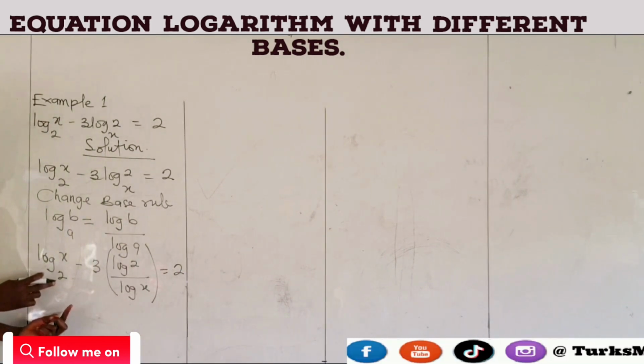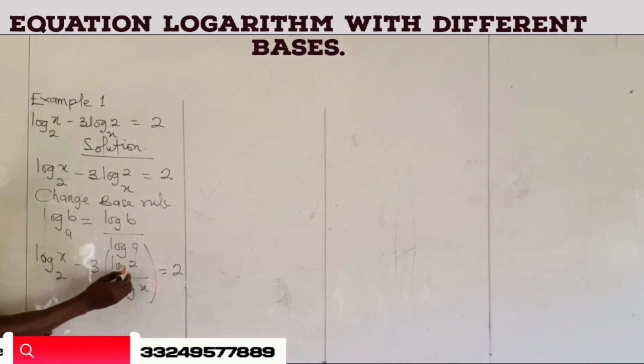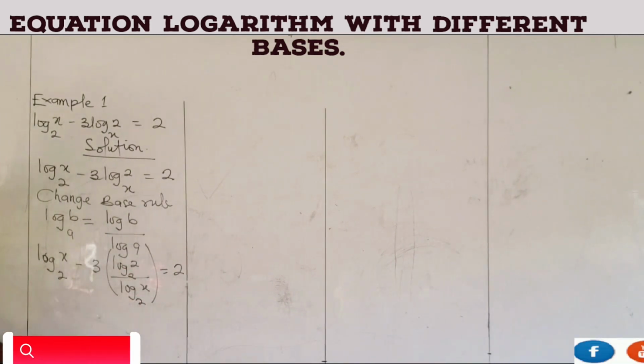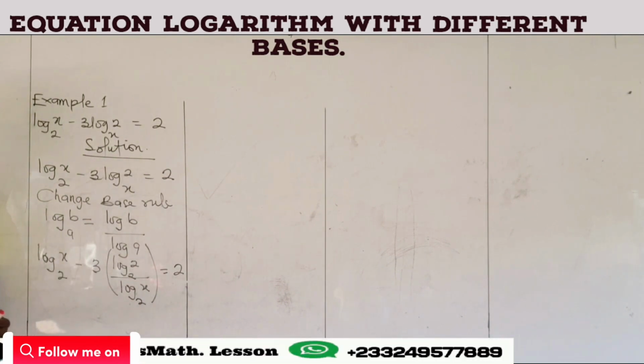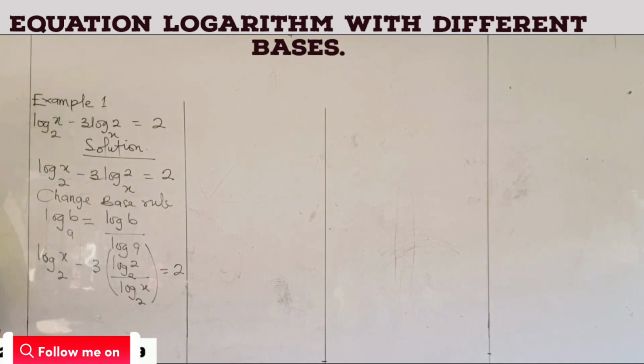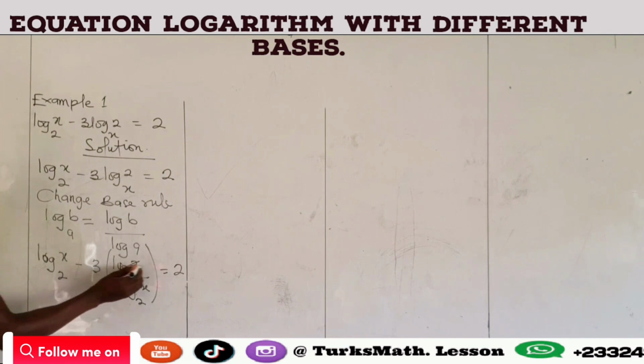Now what base do we have here? 2. So we affect both sides with base 2. Are we together? Yeah. Log 2 base 2 is equal to what? 1. So when I take out this, I'm going to have 1.